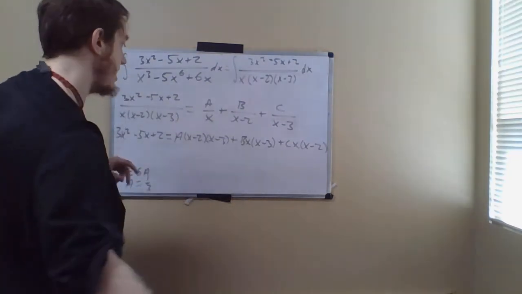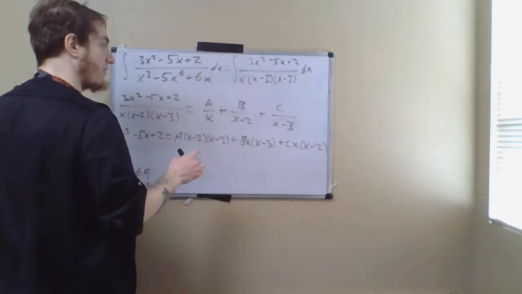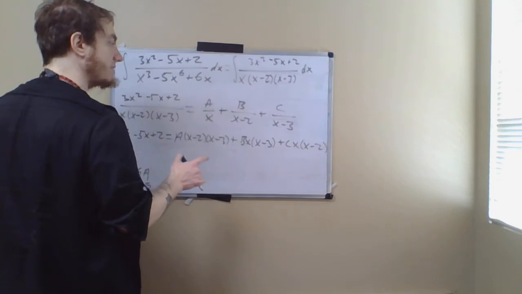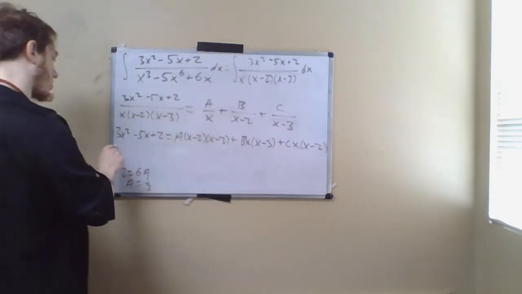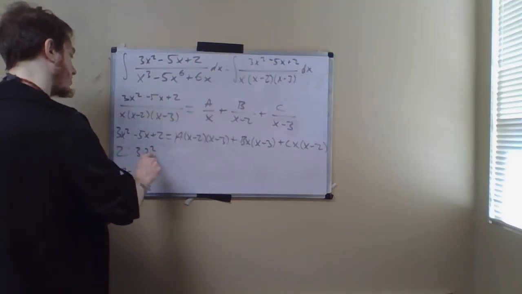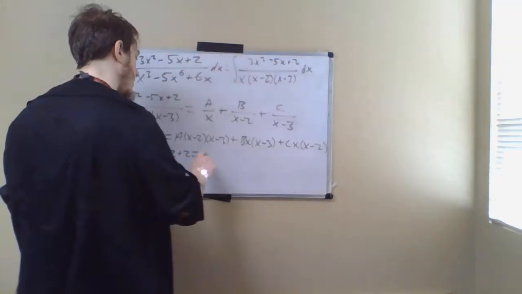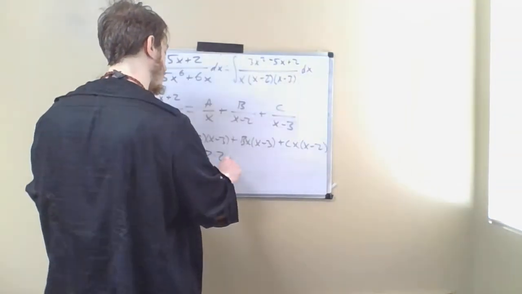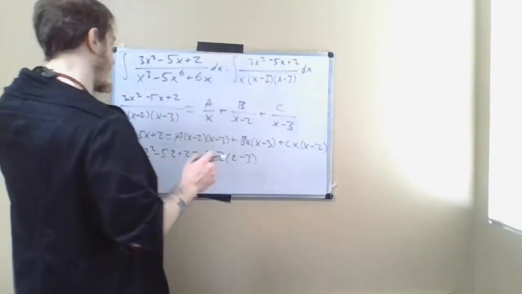What would I plug in in order to just have the b term? Well, if I plug in positive 2, that would get rid of the a term and the c term. So we plug in 2, that would give me 3 times 2 squared minus 5 times 2 plus 2 is equal to b times 2 minus 3.